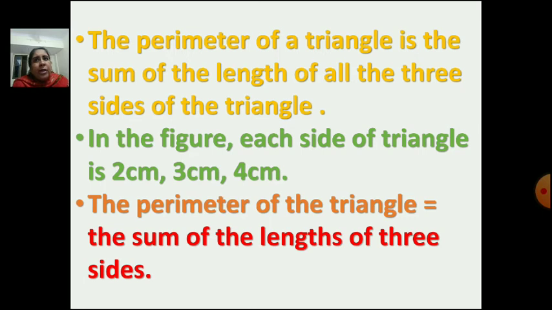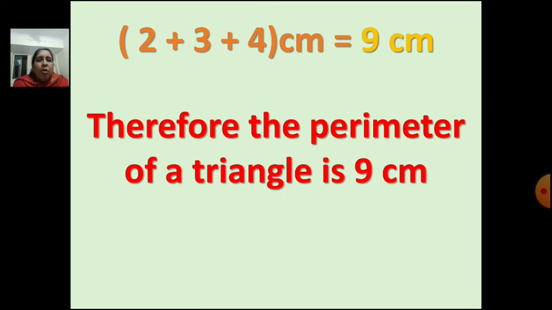Now, let us write the formula. The perimeter of the triangle is equal to the sum of the length of three sides. So, this formula you have to remember. What is the formula? The perimeter of the triangle is equal to the sum of the lengths of three sides. You have to add the length of all the three sides of a triangle. Now next step is what?